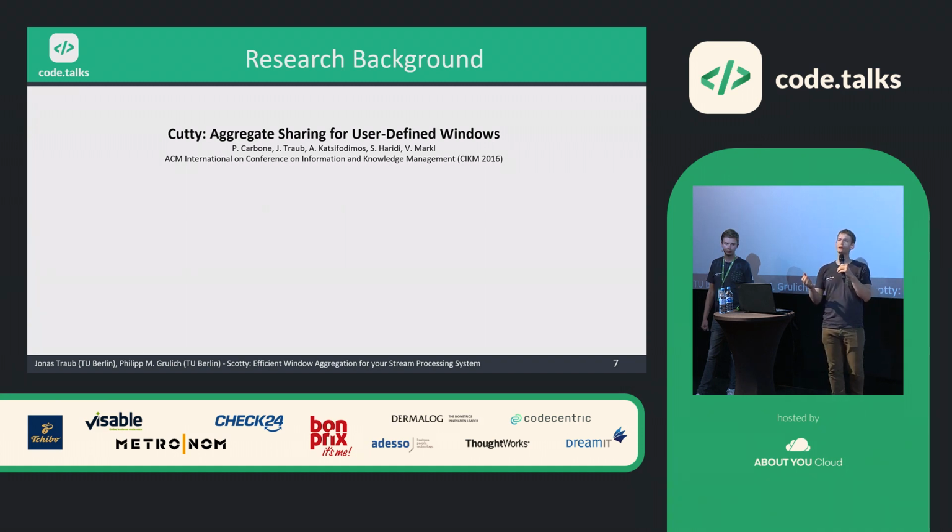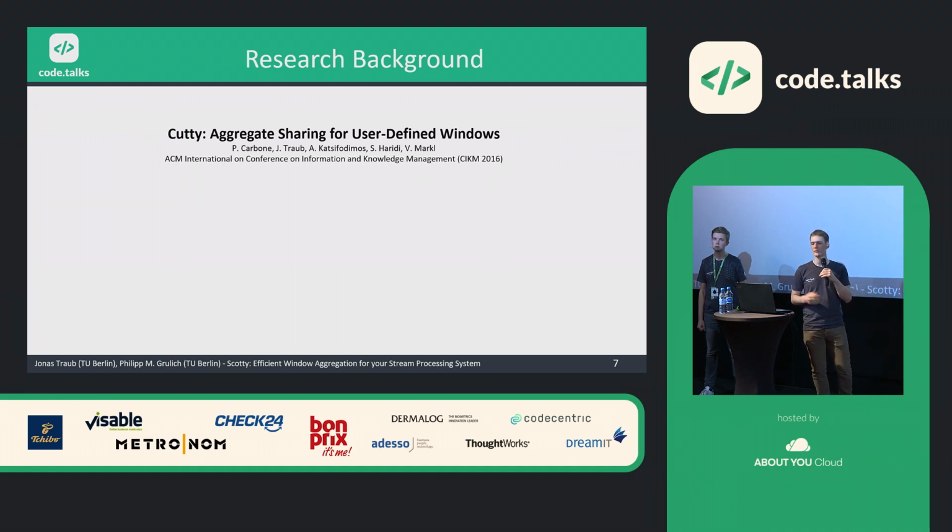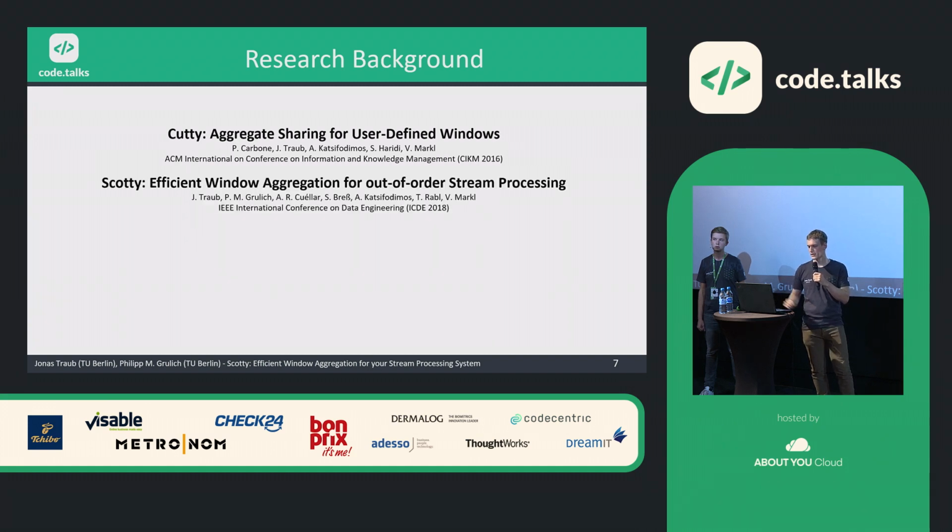Of course you can not only have sliding windows which move by a different time range, but there are way more complex things you want to do, like having a window per user session, or having different time measures, for example a window for kilometers driven by a car rather than a time window, or a window based on tuple counts. Here we have a more general solution which describes how to handle all those window types.